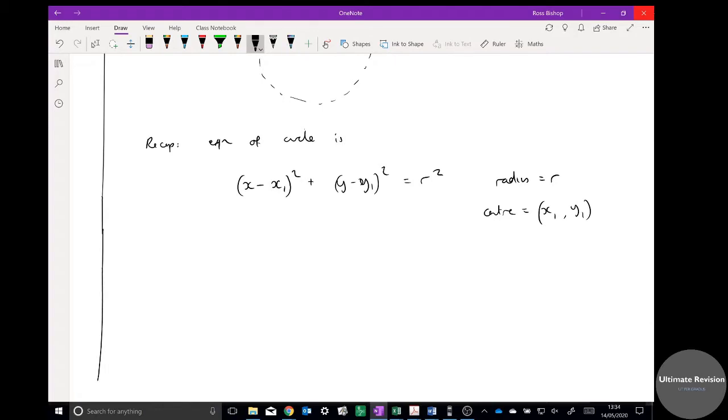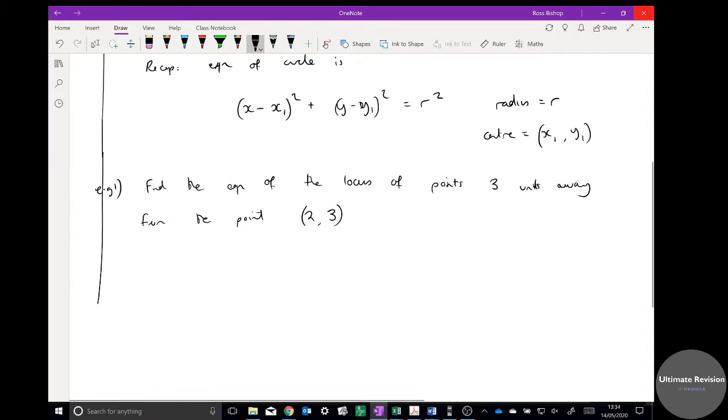Okay, so if I was to find the equation of the locus of points 3 units away from the point (2, 3), well, that means it's going to be a circle with center (2, 3) and radius 3.